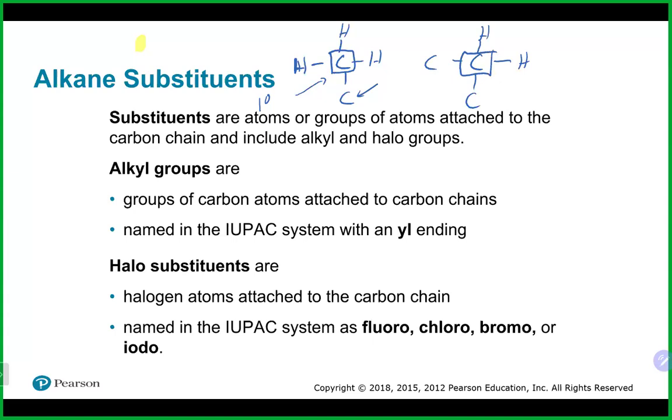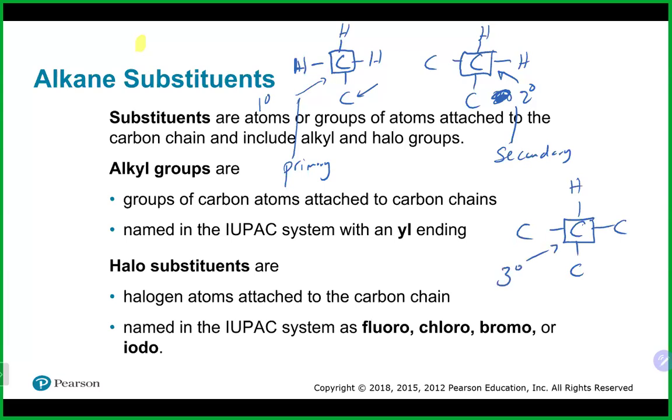This is what is known as a secondary carbon. So this is a primary carbon, a secondary carbon. And lastly, we can have a carbon that is attached directly to 3 other carbons. And because it's attached directly to 3 other carbons, this is what is known as a tertiary carbon. So we have primary carbons, secondary carbons, and tertiary carbons.